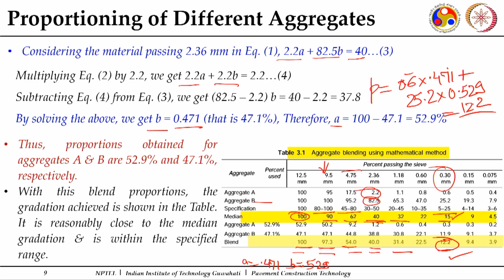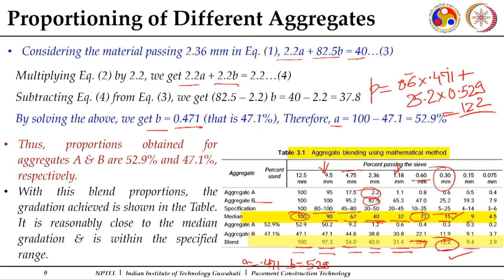Here the target is 32 and what I got was 31.4, very close to my mid value. So it is good for 1.18 mm. When it came to 600 micron, the mid value I got was 22.5 and the target was 22. So it is again good.